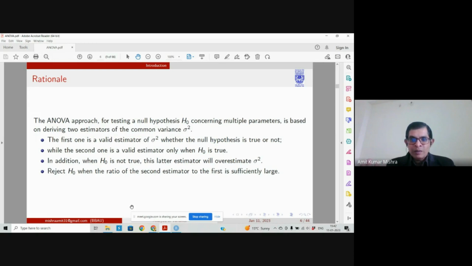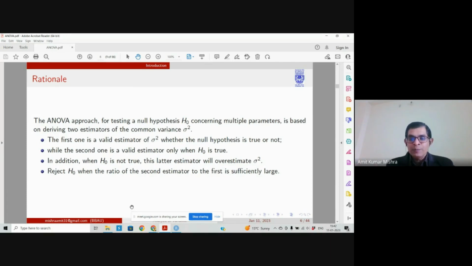It will easily estimate sigma square without any problem. And the second one is a valid estimator only when H naught is true. If your null hypothesis is not true, the second estimator may not be a good estimator.